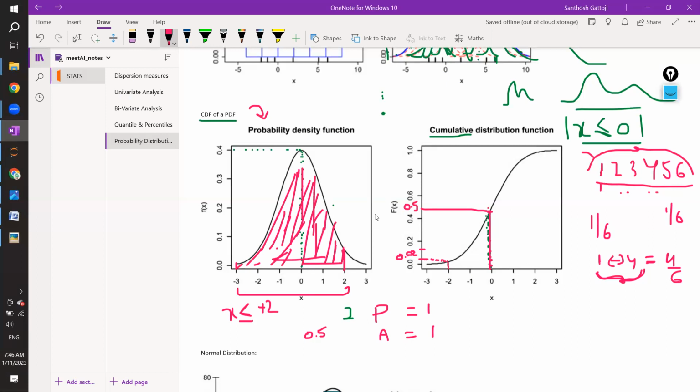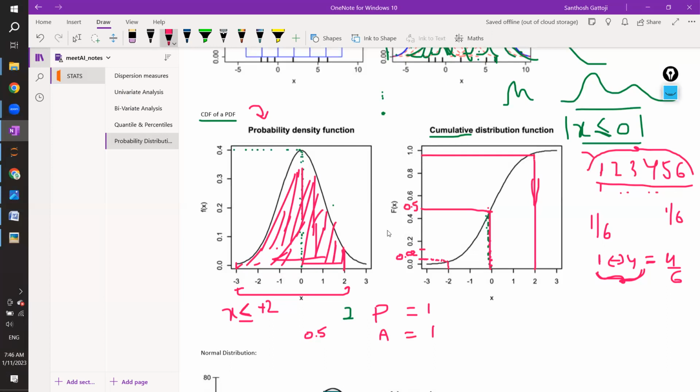That's exactly what the cumulative is telling you. And how much is this? Roughly you can say it is greater than 50, obviously, and greater than 75 also. So if you see the 2 here, if you just draw here, it will be almost equal to 1, but not 1, somewhat less than 1.